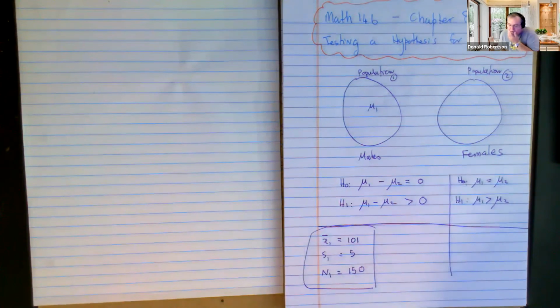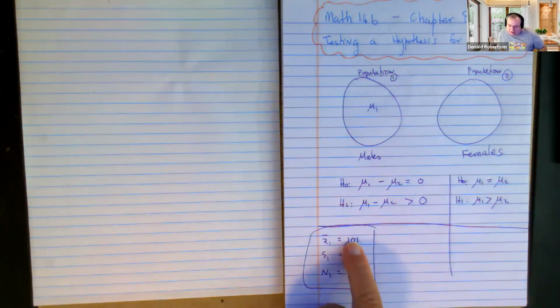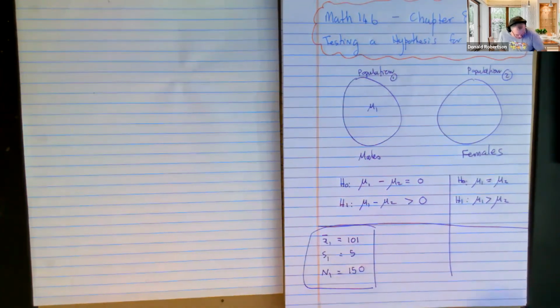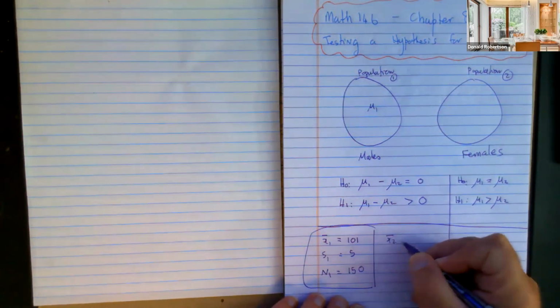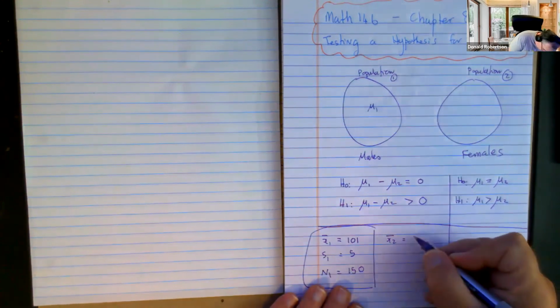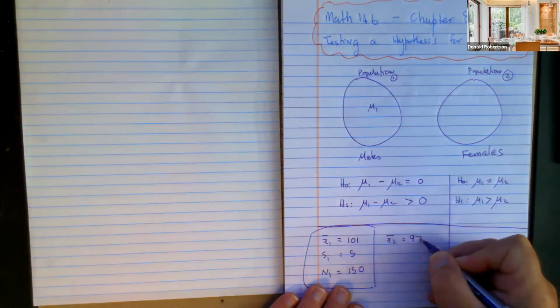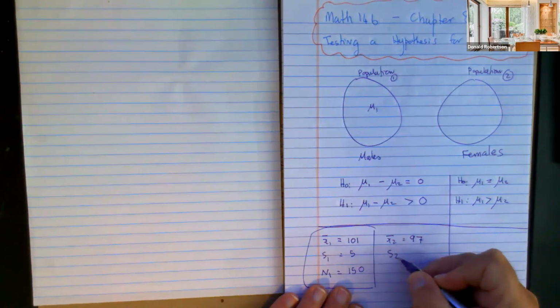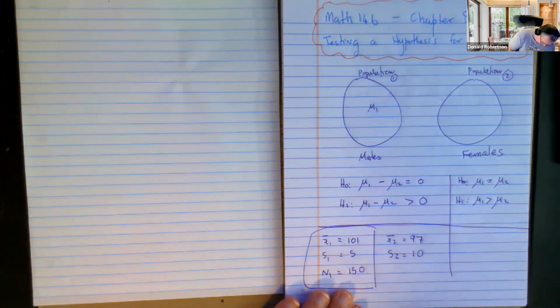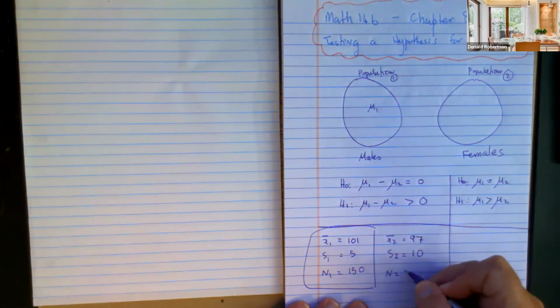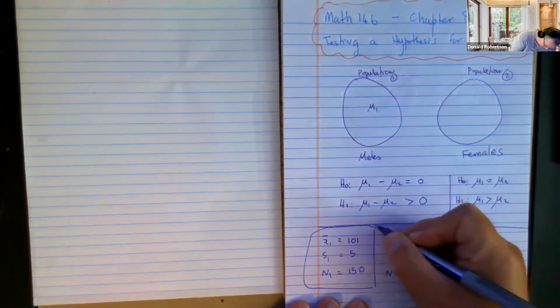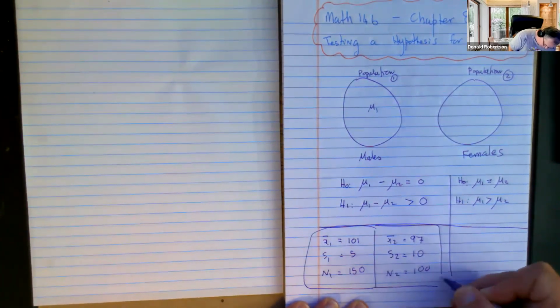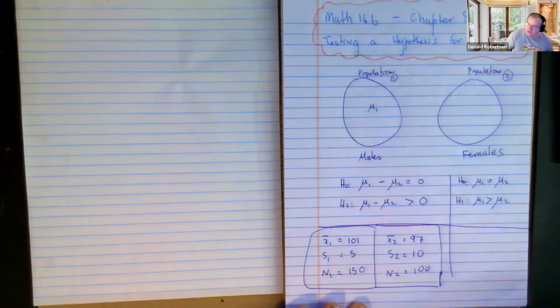So I got a random sample of 151 adult males and their iron level was 101, their standard deviation was 5, and that there was 150 of them. And then I did it with females, and they were 97, and their standard deviation was 10, and the sample that I used, just to be different, was 100.